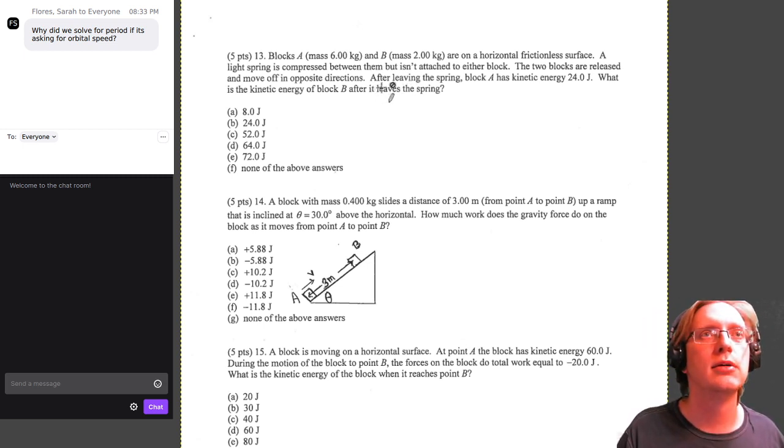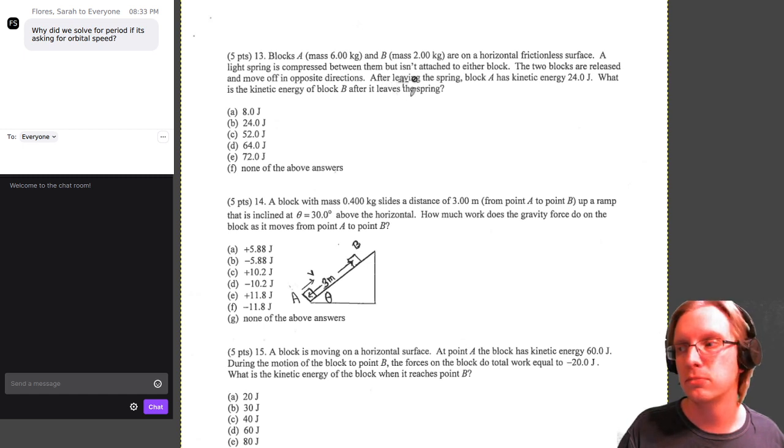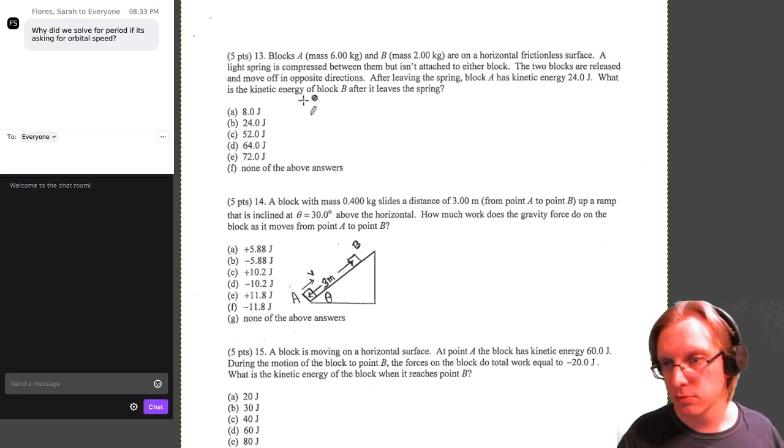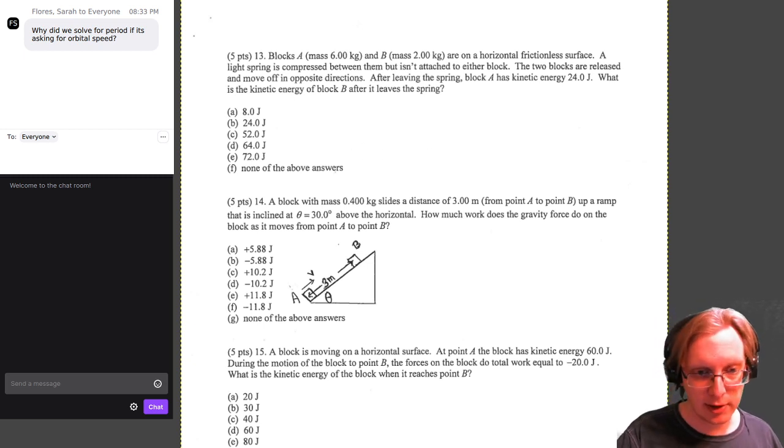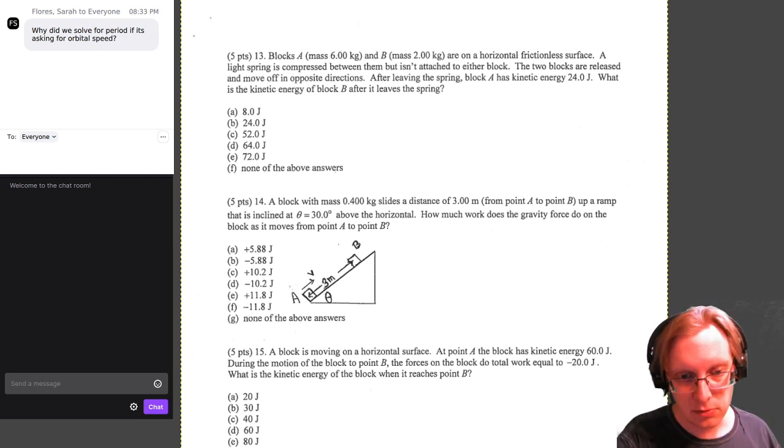We have velocity there. We know precisely nothing about the spring. That's fine. There we go.